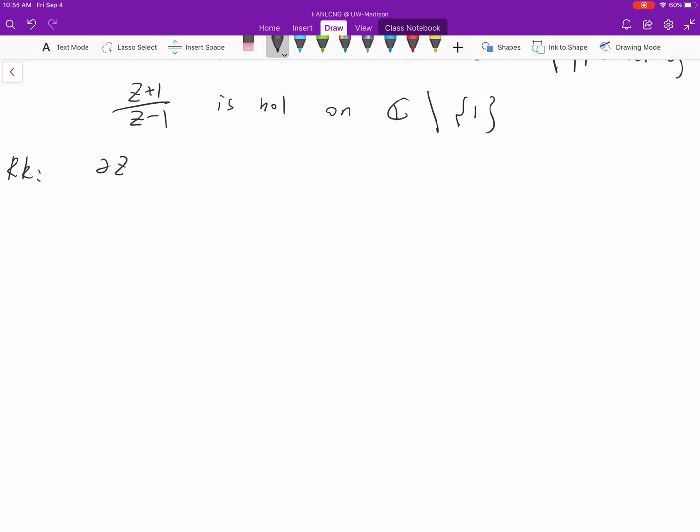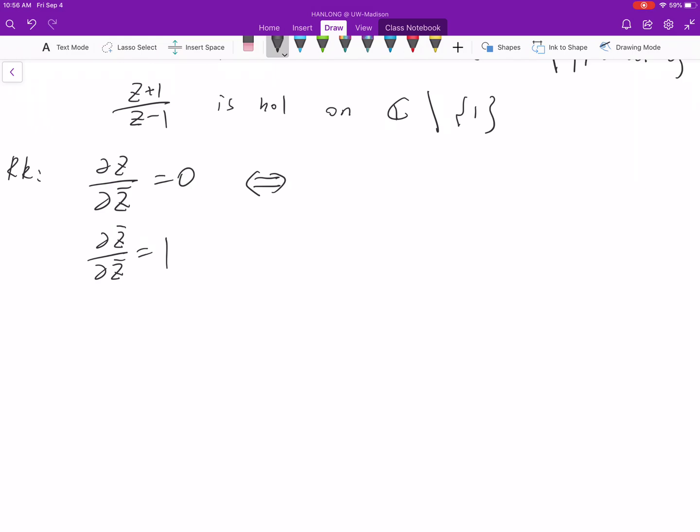Partial z bar of z equals 0. Later on you will be very familiar with this one, because partial z bar of z bar is 1. z and z bar are independent. But now we would like to conclude this from the definition.